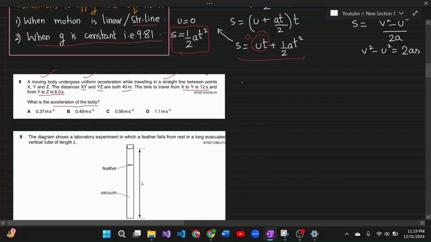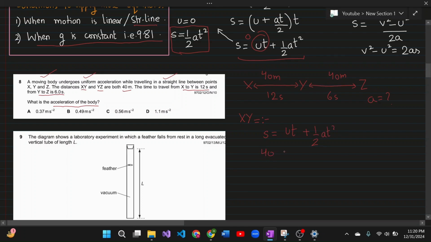So visualize the given scenario: X, Y, Z, three points. The distance is 40 meters and 40 meters, and the time taken from X to Y is 12 seconds and to Z is 6 seconds. We need to find the acceleration. From X to Y we can implement the equation of motion, that is s is equal to ut plus half at square.